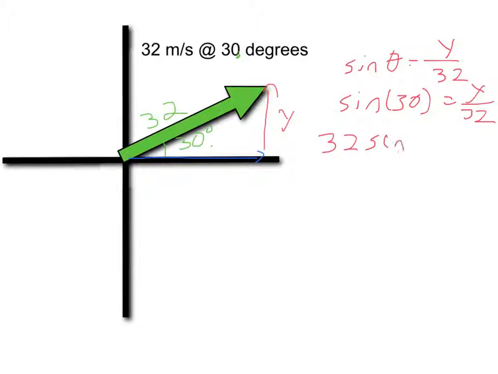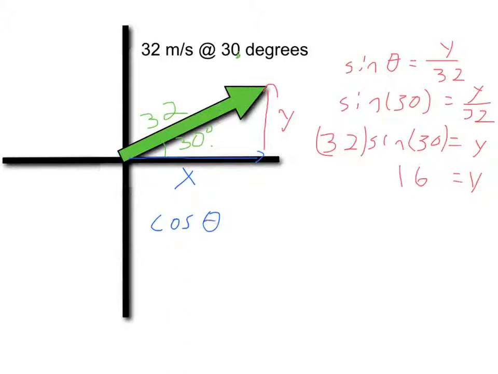32 sine 30 equals y. So y comes out to be 16. Now, for the x component down here, the base side, here's my angle. This side is the adjacent side, so I'm going to want to use cosine. Cosine theta is adjacent over hypotenuse.